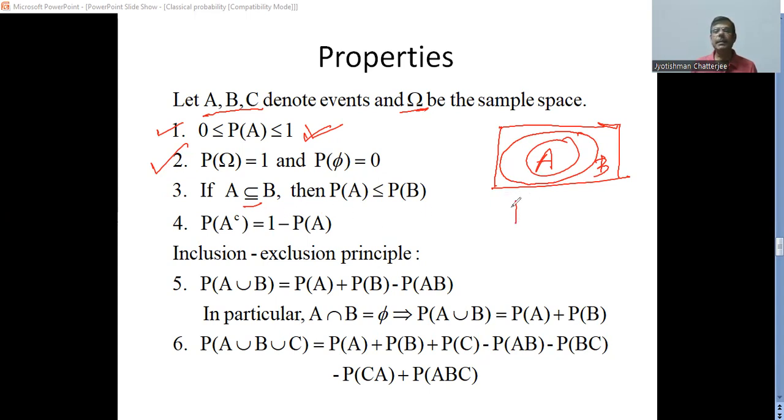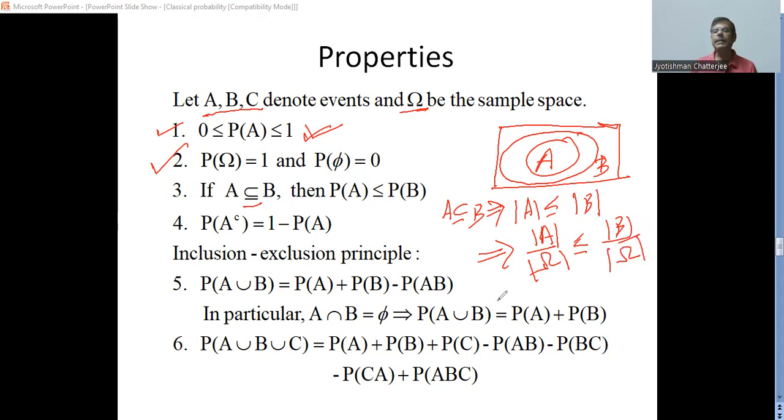If A is contained in B, this gives us that size of A is less than or equal to size of B. Now, if we divide both sides by size of omega, then we get size of A by size of omega is less than or equal to size of B by size of omega. And these are nothing but probabilities. So P of A is less than or equal to P of B. Clear?